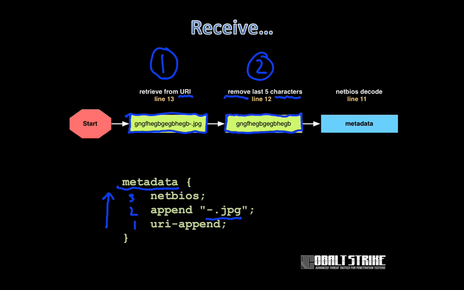And likewise, for step 3, the NetBIOS encode step, when we're doing a recovery, the inverse is to decode. So we're just going to do a NetBIOS decode, and we end up with the metadata. And that's how a data transform works to recover data.